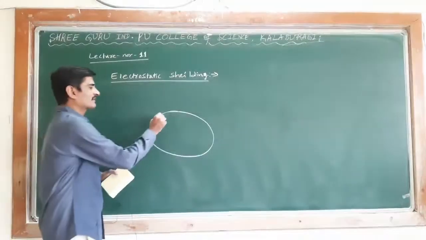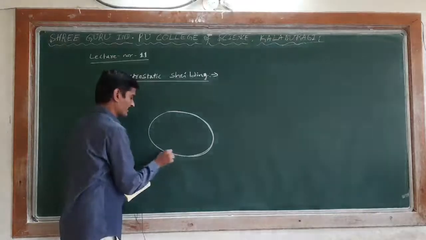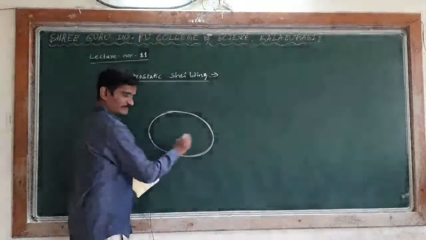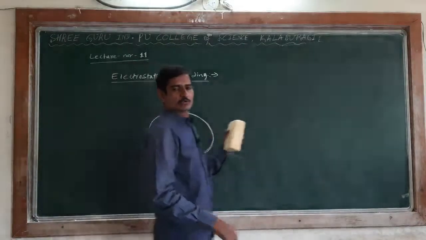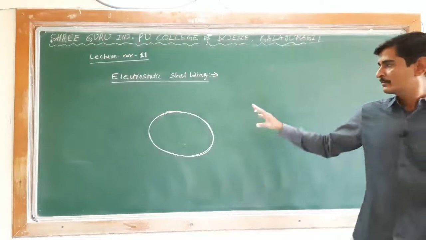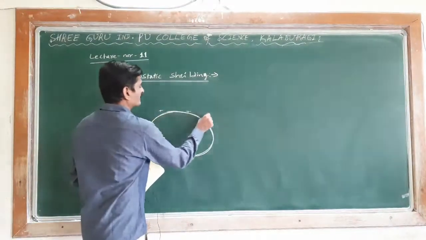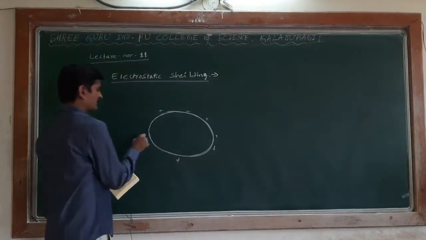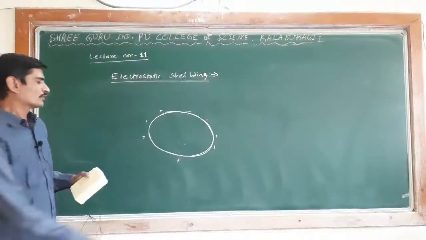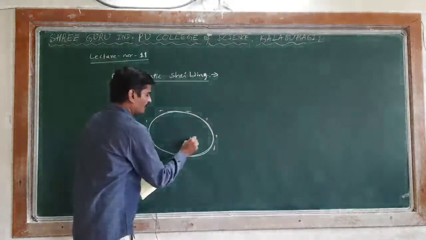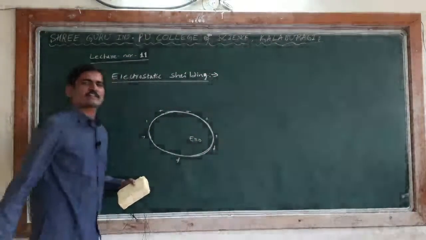Consider a hollow conductor. Hollow means inside this there is no matter, it is vacant inside the conductor, like a hollow sphere. So this is a charged hollow sphere, let us consider it as charged, no problem. In the interior of the hollow sphere the electric field intensity is 0.